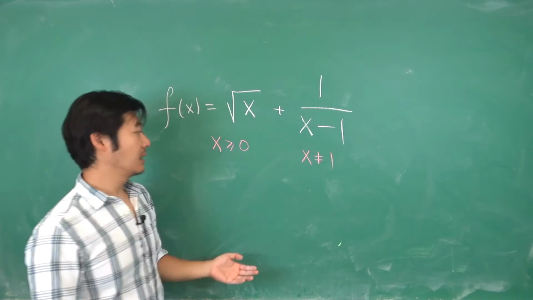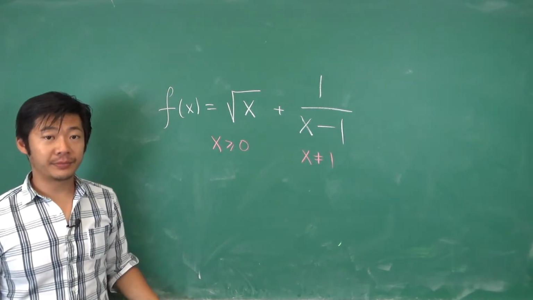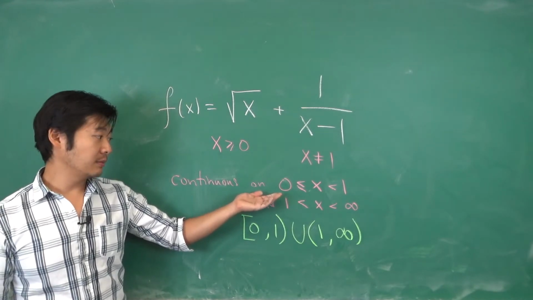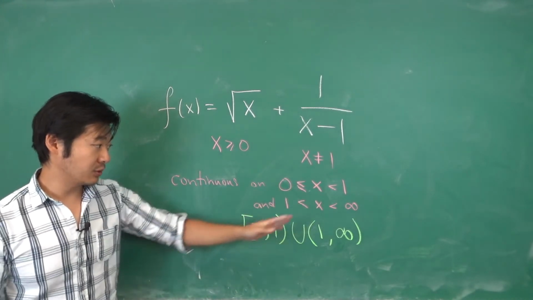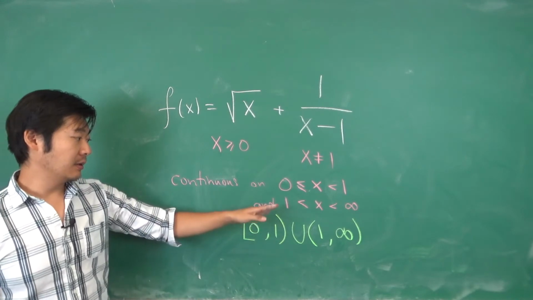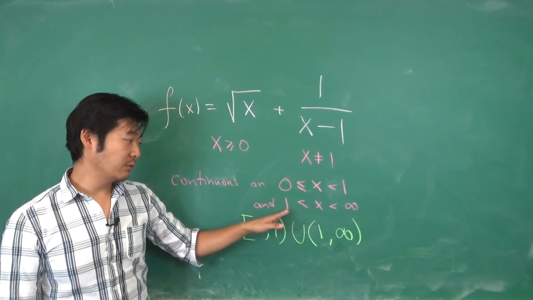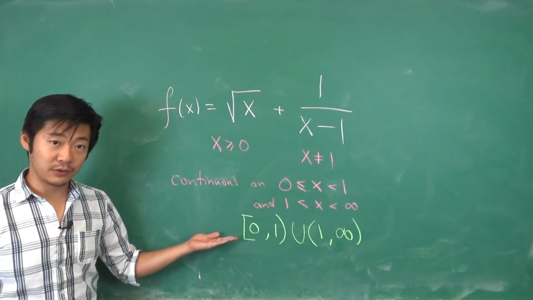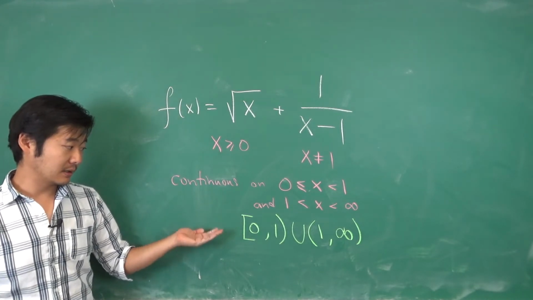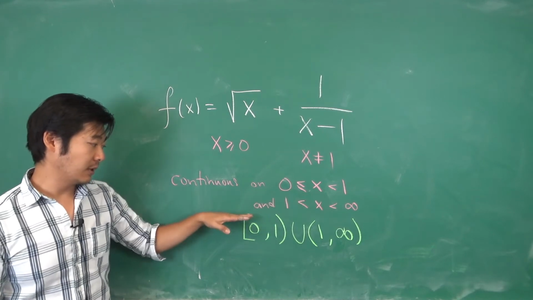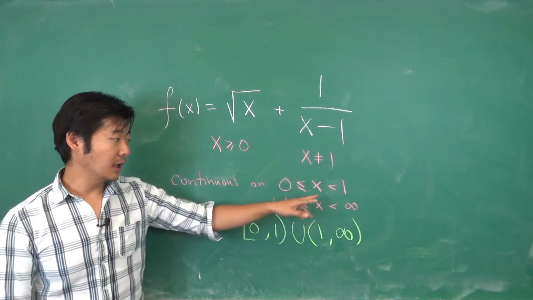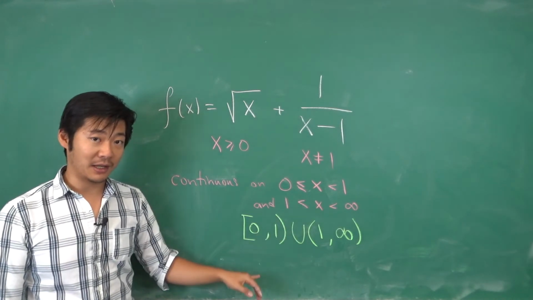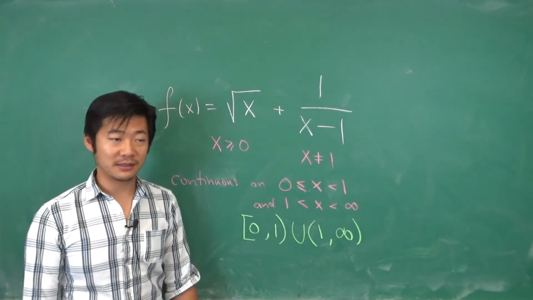And here, x cannot equal 1. So the function is continuous for all numbers between 0 and 1, strictly less than 1, and numbers strictly greater than 1, and finite numbers. Another way to write this in interval notation is like this. For inclusive, we have a square bracket, and for exclusive, we have a rounded bracket, or parentheses.